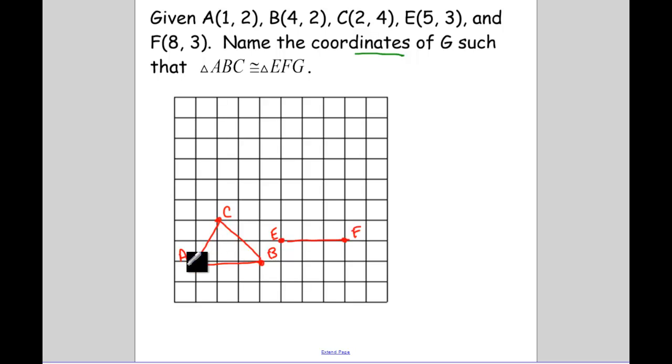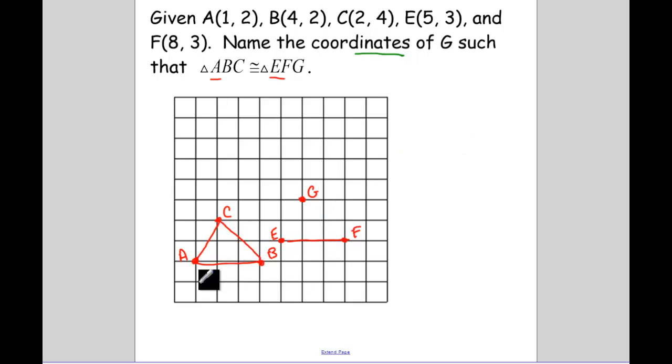So therefore I know side AB is equal to EF. Those are 3 units long, and that's the correct corresponding pieces. I need to find where G is going to go in correspondence with C. So from A, I went up 2, right 1. So I'd go up 2, right 1. There's one possibility for G.